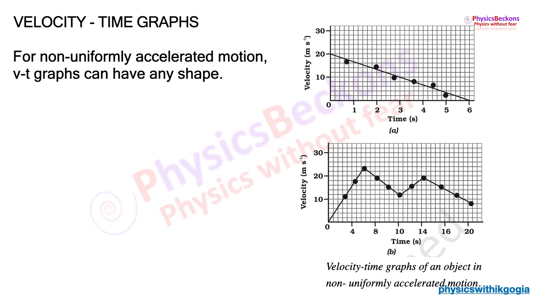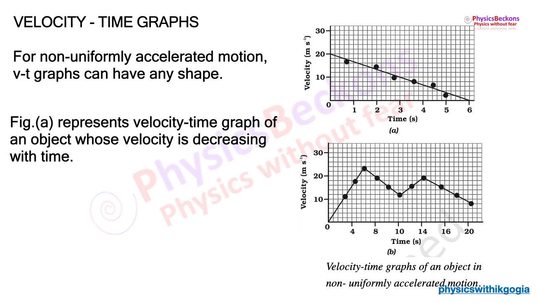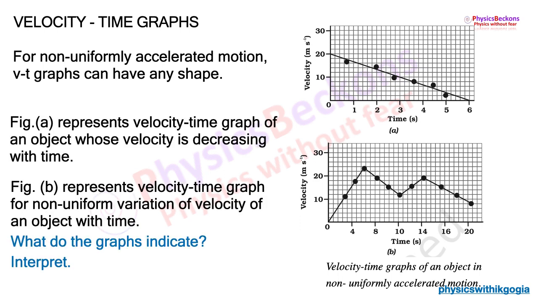In the second graph B, sometimes in a part of the time the velocity is increasing, that is the rate of change of velocity is positive, while in other parts it is negative, that is the motion is decelerated. So, this is a case of non-uniform acceleration. The velocity time graph for non-uniform acceleration can take any shape depending upon the variation in the velocity.